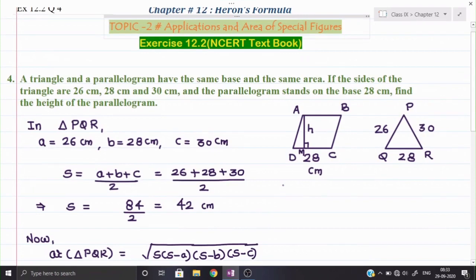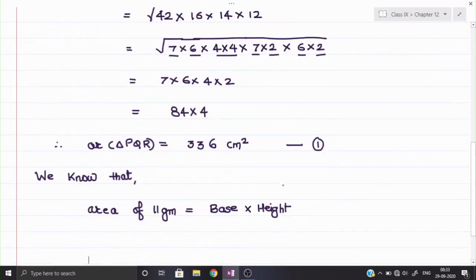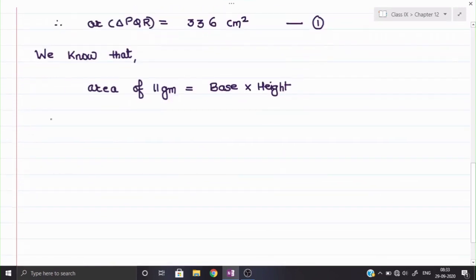For example, look at the figure. Here AM is perpendicular on CD, so CD will be our base. So in the case of area of parallelogram ABCD, we shall take the base as CD and height as AM. So it can be written as area of parallelogram ABCD is equal to the base, I am taking here CD, and height AM.